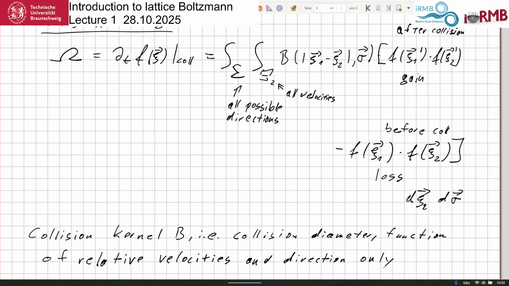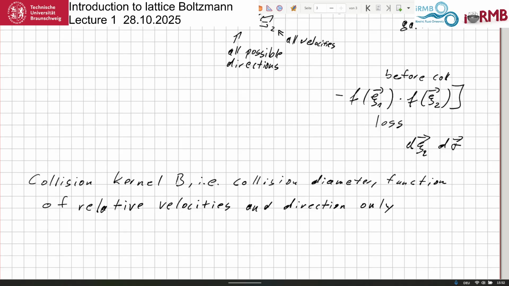In kinetic theory, we talk a lot about how to actually get this cross section, but this is not our primary idea here. So gain and loss.